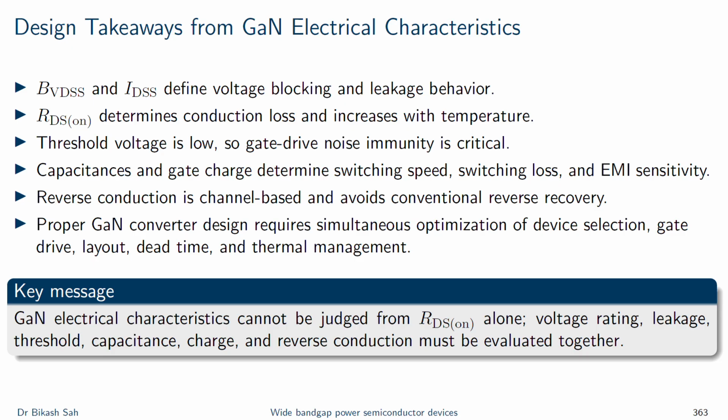If you remember one thing from this lecture, remember this: GaN gives enormous performance potential, but it gives that potential only to the designer who respects speed, low threshold margin, non-linear capacitance, and two-dimensional electron gas conduction physics.